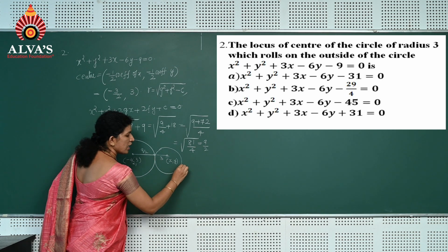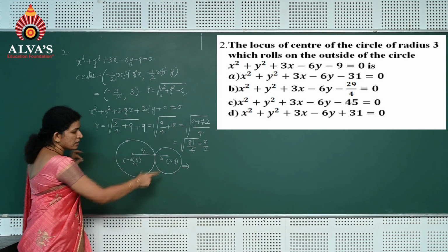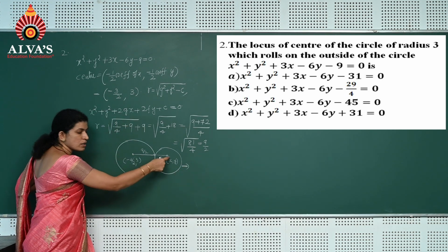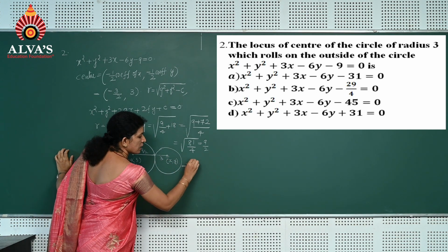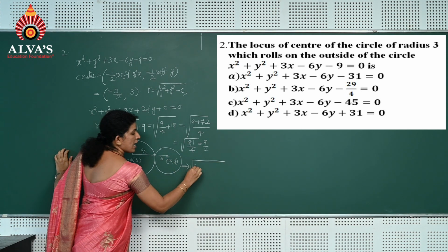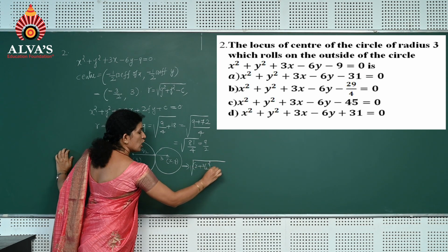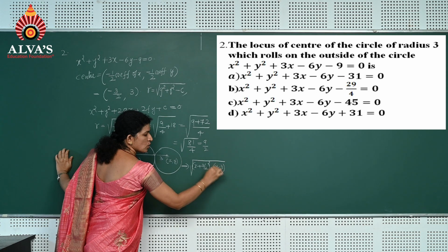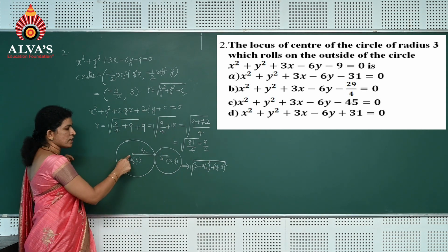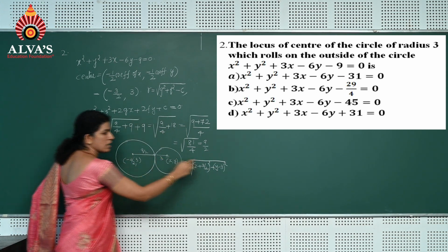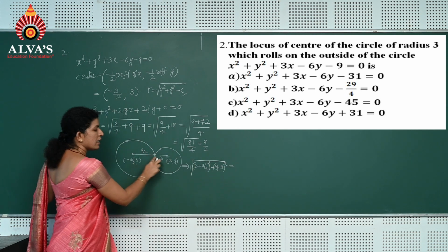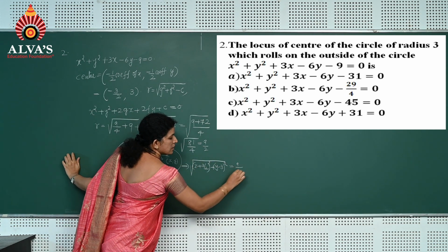So the equation is nothing but the distance from the center of this circle to this circle, it is nothing but square root of (x plus 3 by 2) whole square plus (y minus 3) whole square. This is the distance from the center of the given circle to this circle. It is nothing but 9 by 2 plus 3.